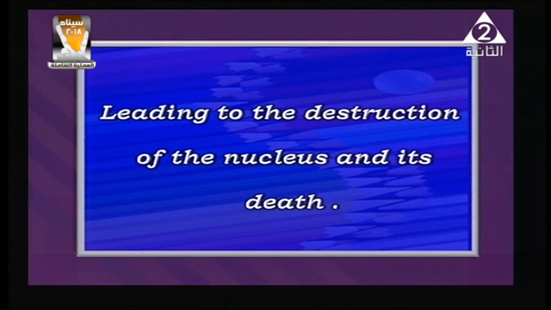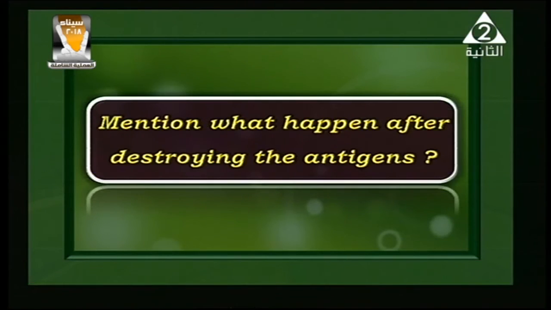Finally, if I'm going to ask what happens after destroying the antigen, we need to understand what will happen after the antigen is destroyed, removed or eliminated from your body.